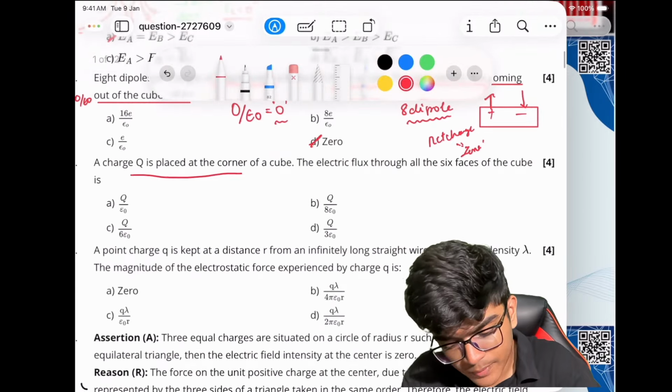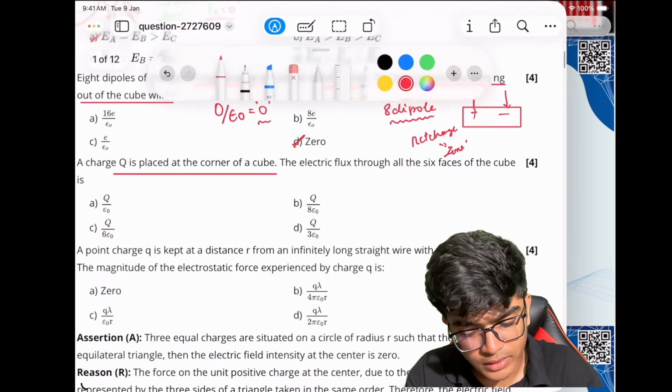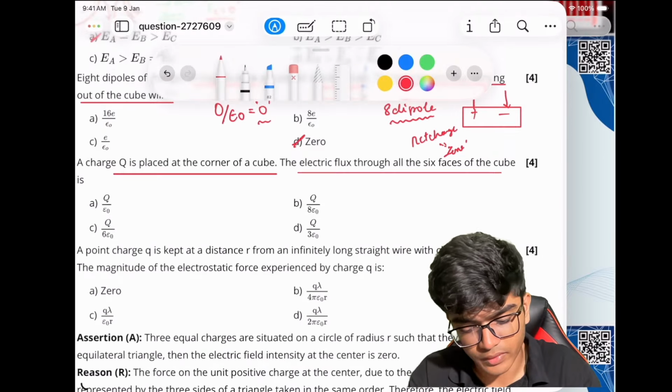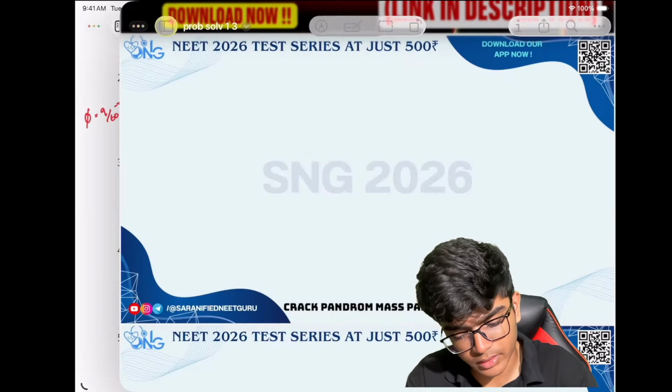A charge Q is placed at the corner of a cube. Okay. Electric flux through all 6 faces of the cube is? Fine. This is a nice question. This is question number 3.